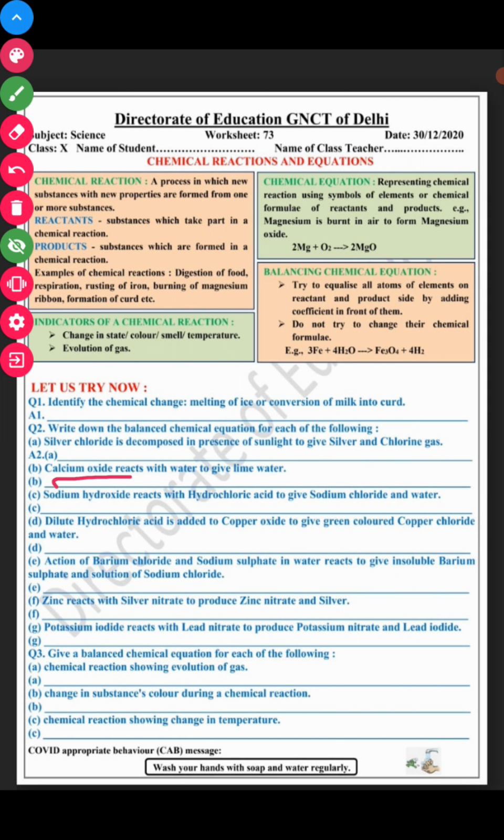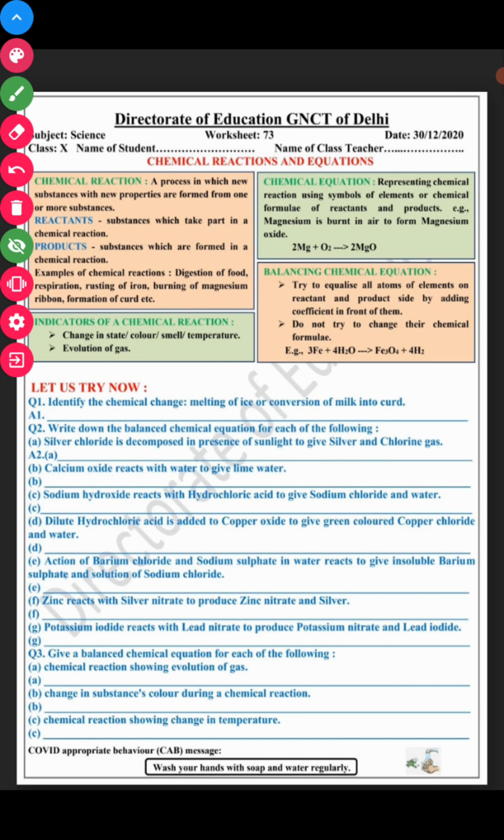First, calcium oxide reacts with water. Calcium oxide CaO when it reacts with water will give you Ca(OH)2. Third, sodium hydroxide reacts with HCl and will give you NaCl.